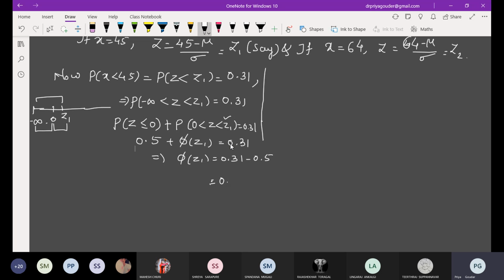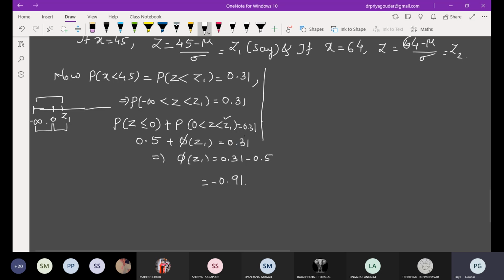Now from the same log table you can even find the anti-log value. It's a reverse process. Have you learned that way? When we were students in PUC 1, I still remember they used to teach that even if you don't have an anti-log table, you can make use of the log table in the reverse way and find out.